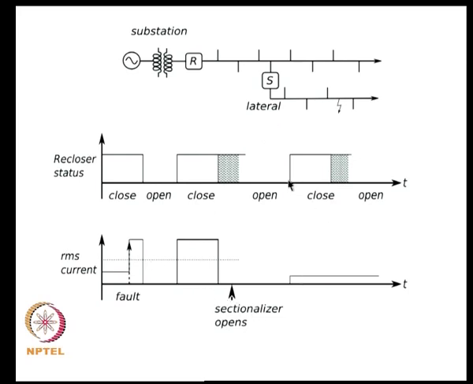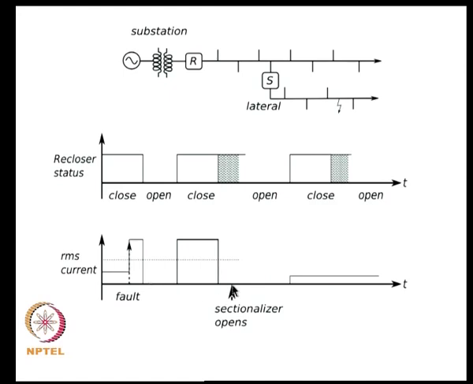So, when the recloser now recloses for a third time, the sectionalizer is open, which means that this feeder can go back to normal operation, and this lateral has actually opened and got disconnected where you have the permanent fault. So, you can see that there are 2 things that are happening over here. The logic for it is not complex, because you are just comparing current pulses rather than doing more complex time over current characteristic.